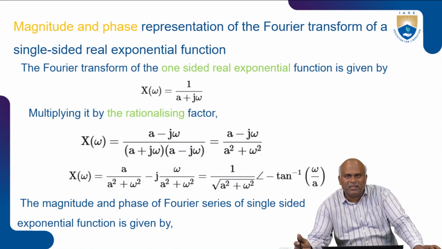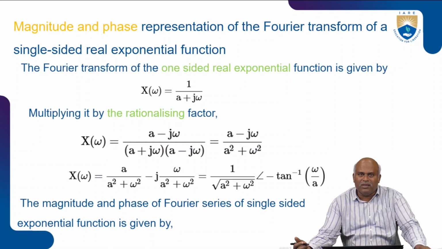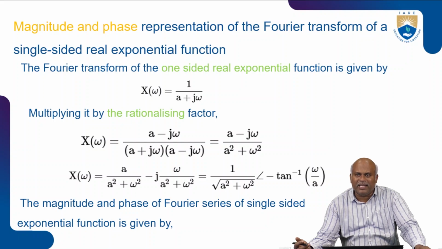We need to represent this mathematical expression graphically, so we must find the magnitude as well as the phase response. The Fourier transform of the one-sided real exponential function is X of omega equal to 1 by a plus j omega.